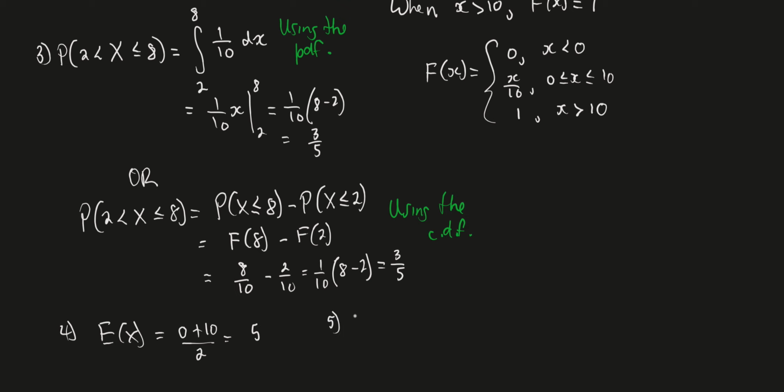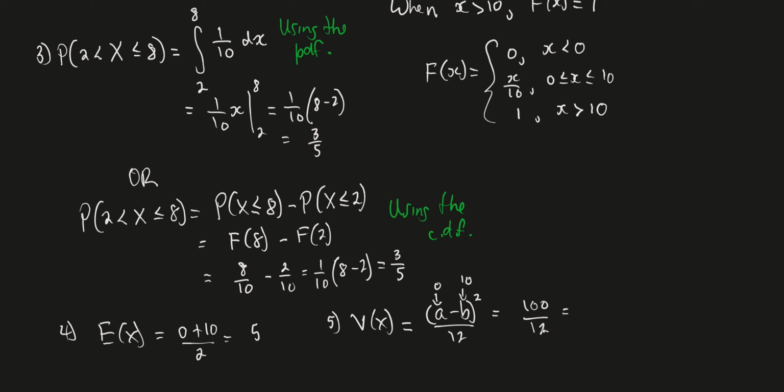Let's compute our variance. Using that formula, (b minus a) squared over 12, remember a is 0, b is 10, so we're going to end up with 10 squared, which is 100, over 12, and then that reduces to what?